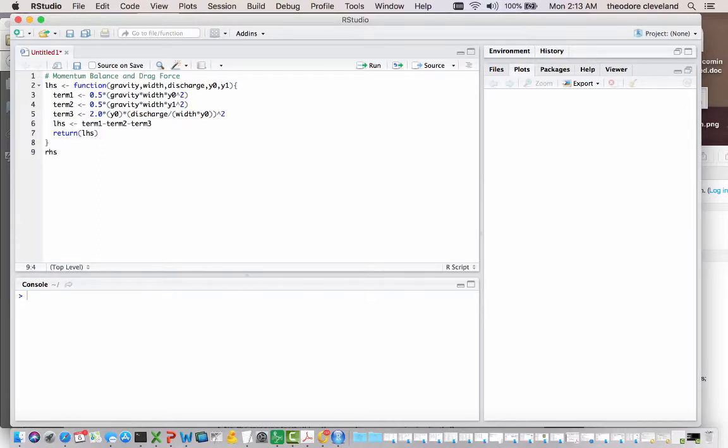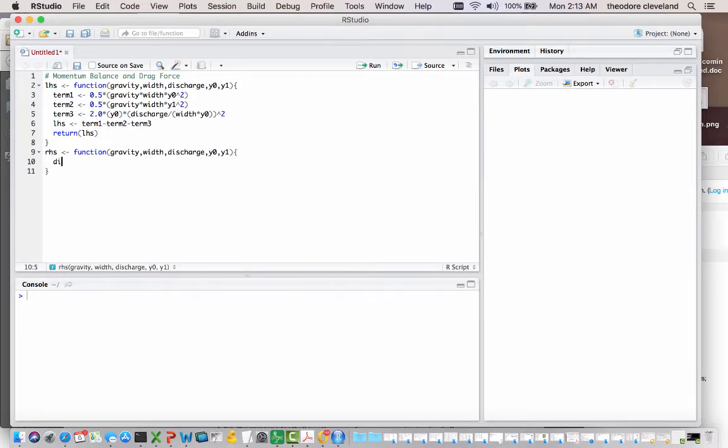Right-hand side, function of width, discharge, basically function of all the same things. Cool thing about a function, you don't actually necessarily have to use a particular input variable.